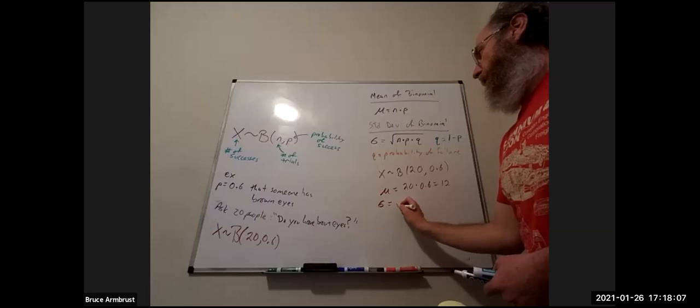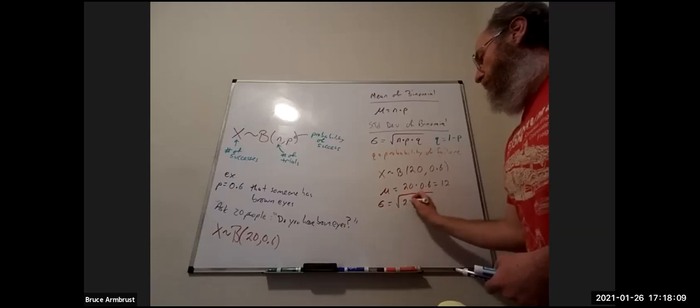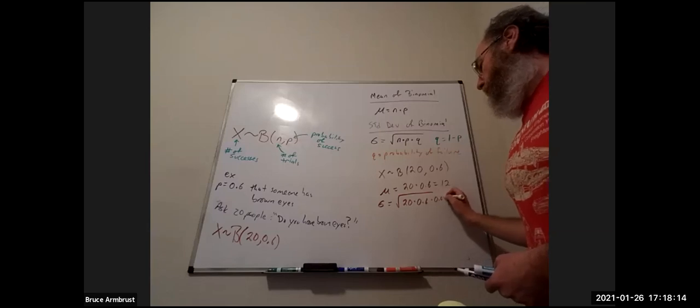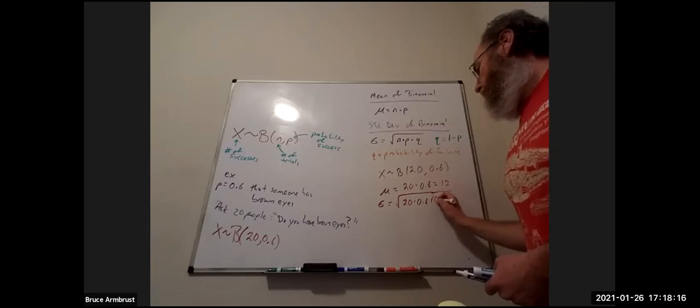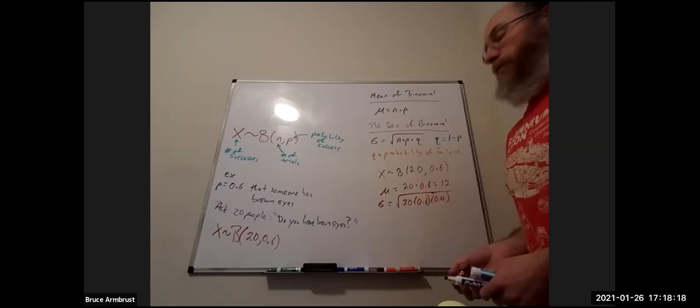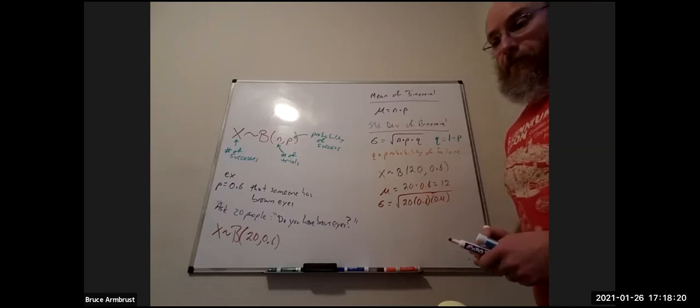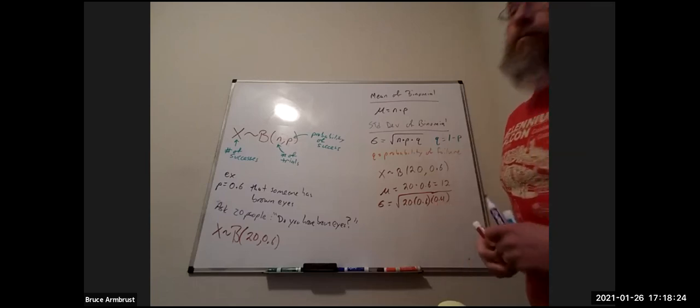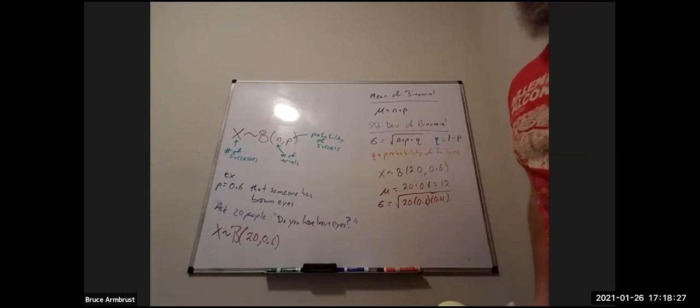The standard deviation is going to be the square root of 20 times 0.6 times 0.4. Right? So the 0.4, that's the 1 minus 0.6.